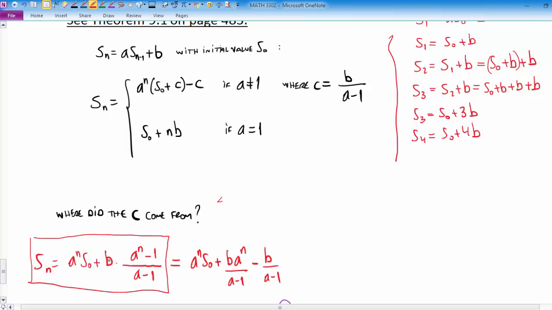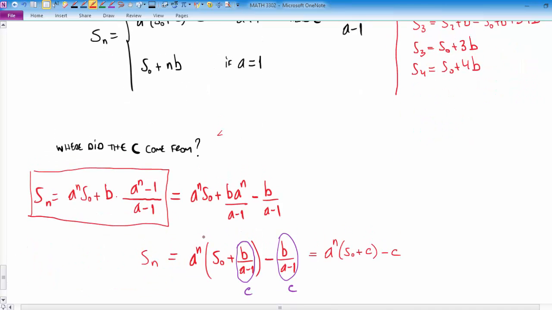Well, here we can simply multiply b out, b times a to the n minus b times 1. And then here, we simply factor a to the nth power out of these two terms.